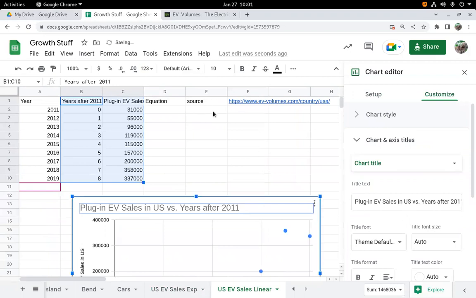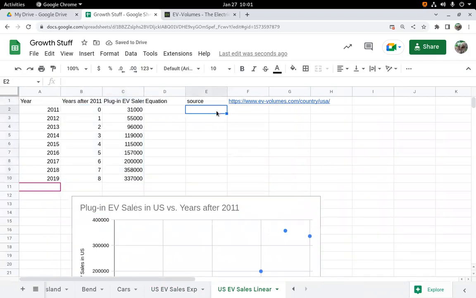To find the equation of a line, you need your slope, which is rise over run. Then you can find the y-intercept, b, by considering y equals mx plus b.